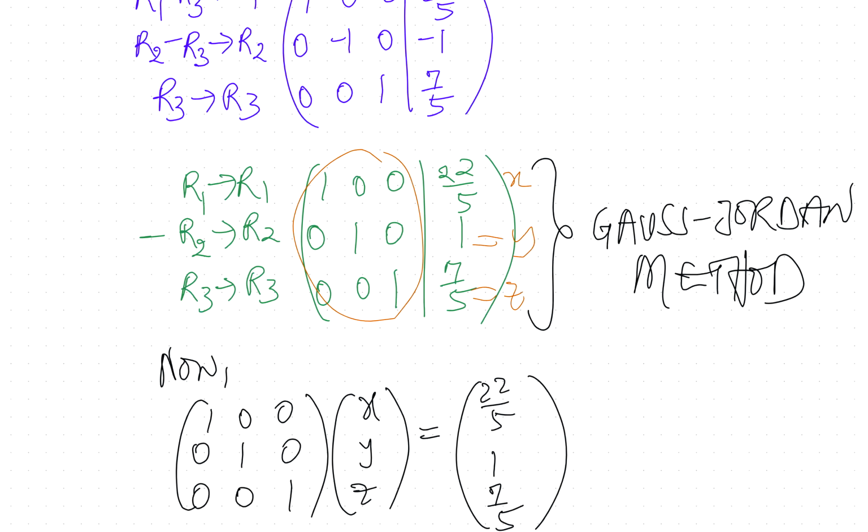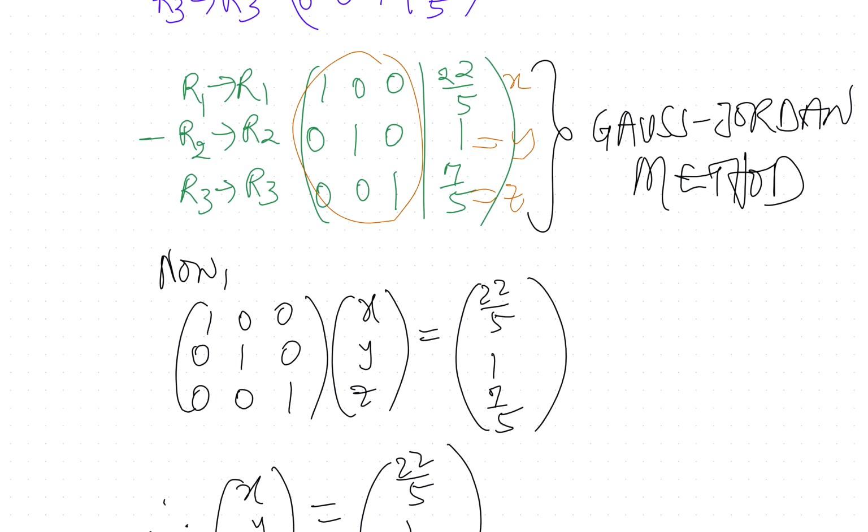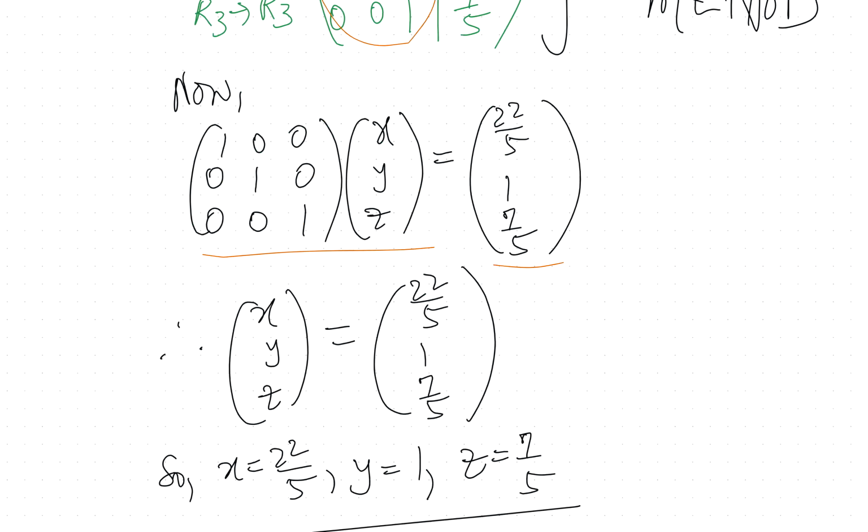So it takes more steps, but then you don't have to do as much extra work like you did before. So here, for the sake of formality, now that you have this, you can remember X, Y, Z again. So you have the unit matrix multiplied by X, Y, Z equals 22 over 5, 1, 7 over 5. And I told you the unit matrix is more like 1 in the sense of numbers, so this is like multiplying.